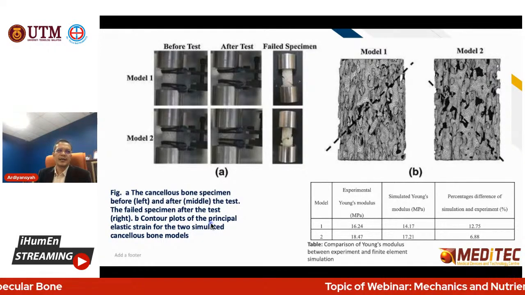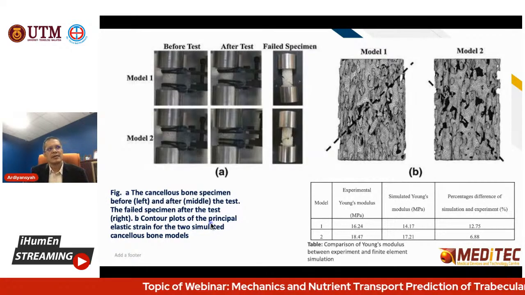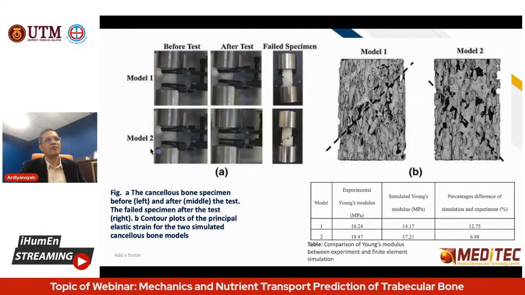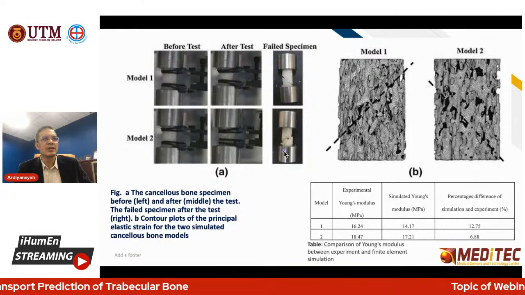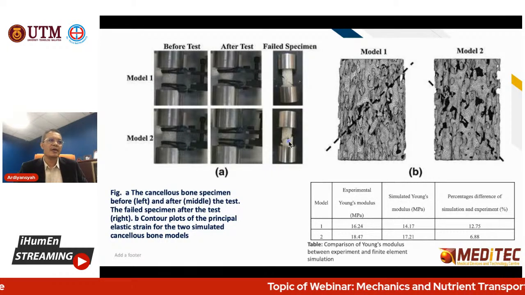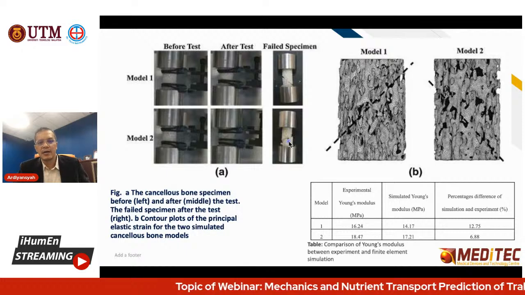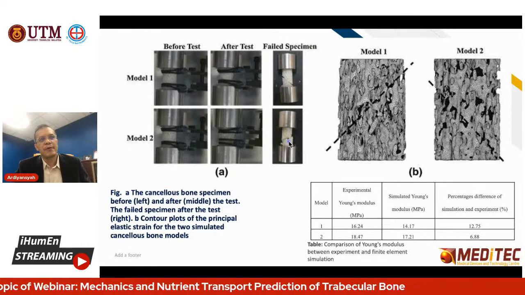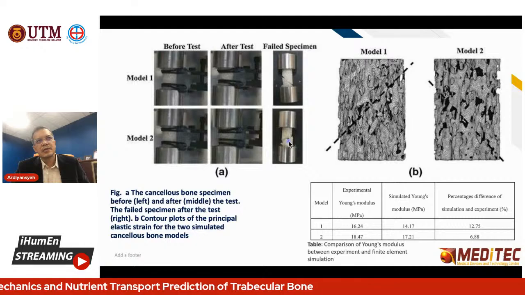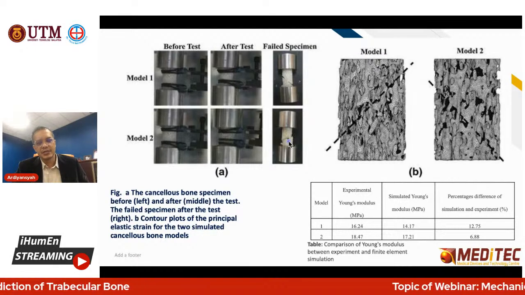In the cancellous bone, we can do experiments. This is before we compress, and this is after the compression. After that, we can check the failure of the cancellous bone. If you have a workstation, you can compare the model of the experiment with the simulation.